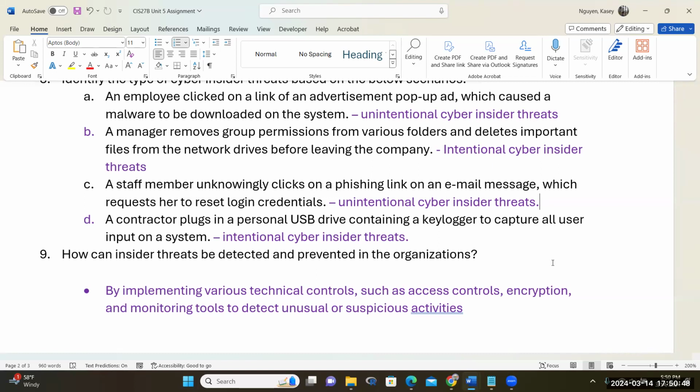With technical controls, we have to look at access control. That's very important. Encryption when it deals with data, whether it's data in motion, data at rest, data in transit, etc. We need to use proper monitoring tools to detect unusual and suspicious activities.